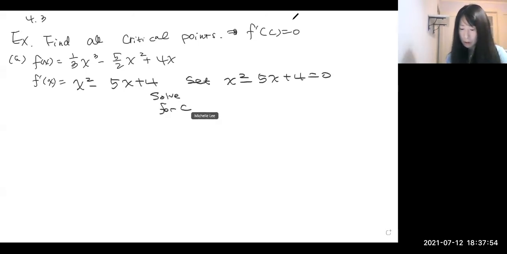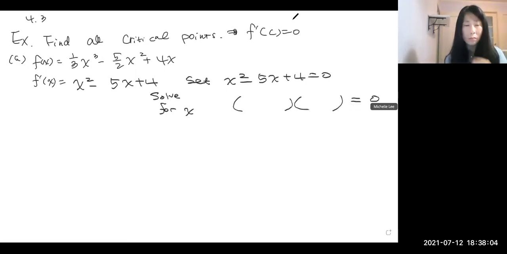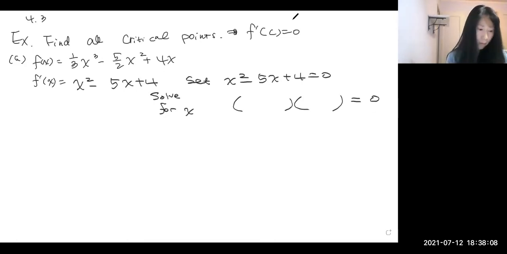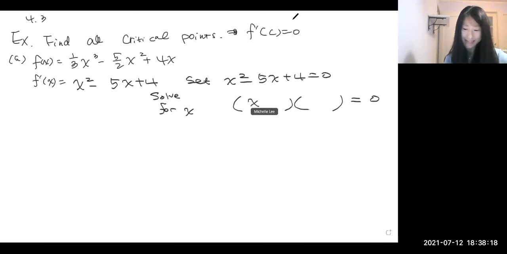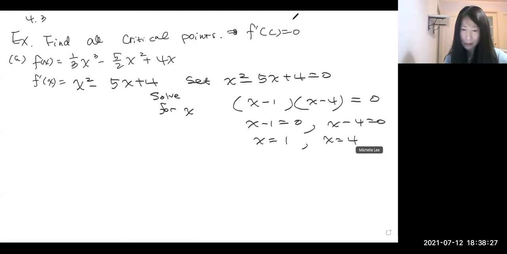That's the c, okay? Then can you please factor this? Is it factorable? What do you get? x minus 1, x minus 4. Thank you. Then we know that this is equal to 0, this is equal to 0. So this is 1, this is 4, right?